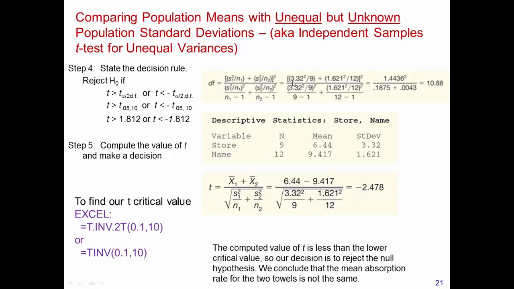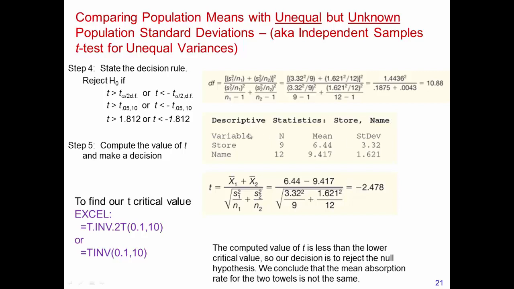We fill in the appropriate values in each of those places, do all of the math that goes along with that, and we find out that our degrees of freedom are 10.88. And what is it that we're supposed to do when we have a non-integer value? We go to the next lower integer value, which in our case is 10 for degrees of freedom.